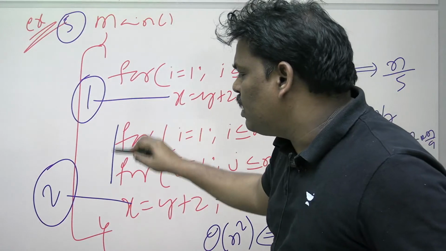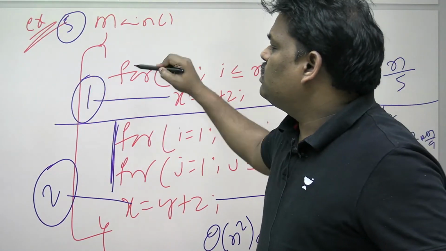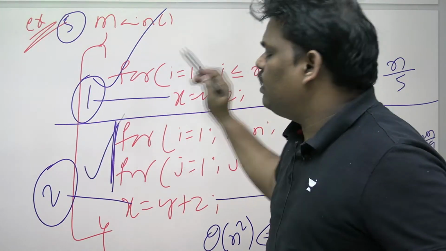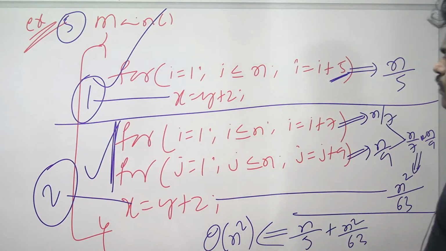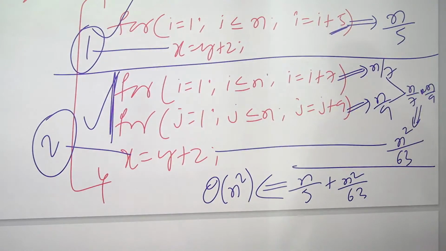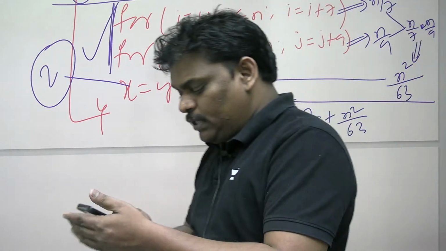These two are inner loops, but these are outer loops. This for loop is different. Outer loop means add. Inner loop means multiply. So the first loop is n by 5 times, the second loop is n square by 63. Total time is n by 5 plus n square by 63. The bigger one is n square, theta of n square.